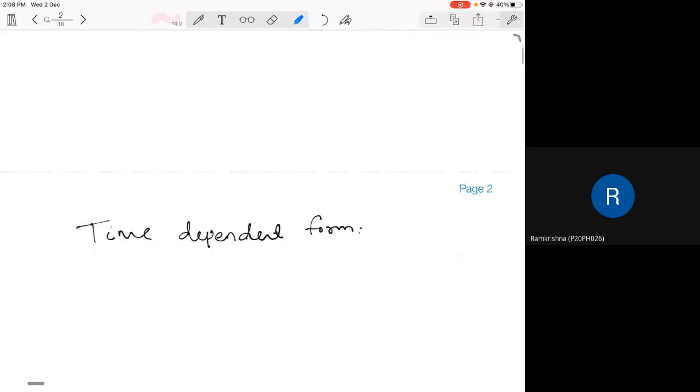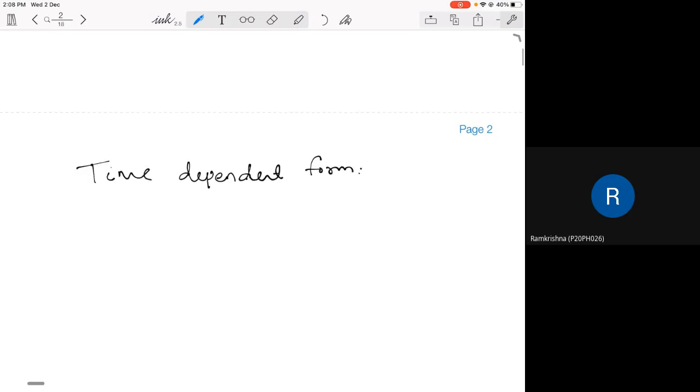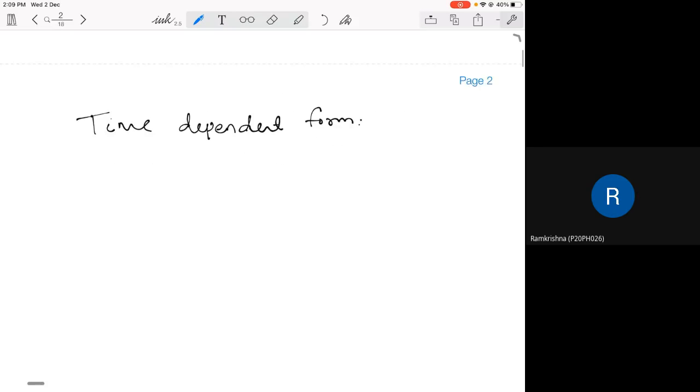Then how do we write down the Schrodinger equation? If I want to write the time dependent form, can anyone tell? The physics people should tell how I write a time dependent Schrodinger equation.